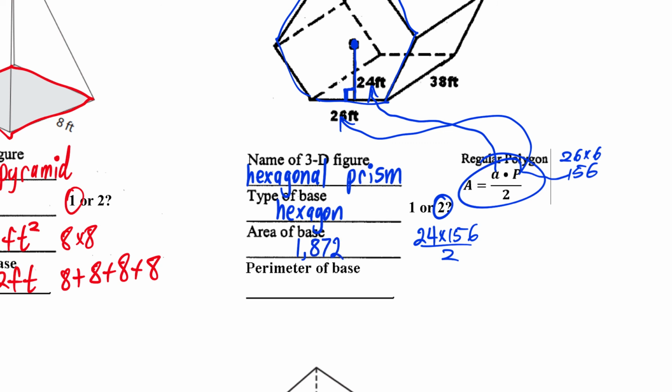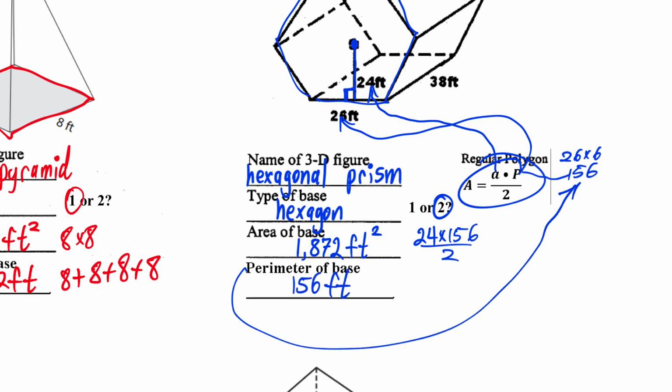Is it 1,872? Yes. Okay, and the perimeter, we already did the perimeter of it right there. It's 156.